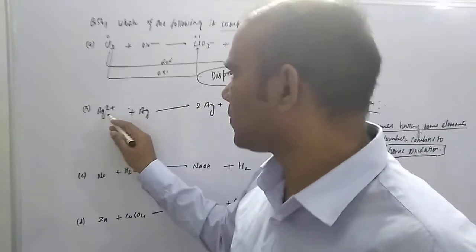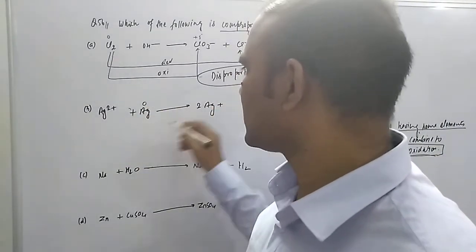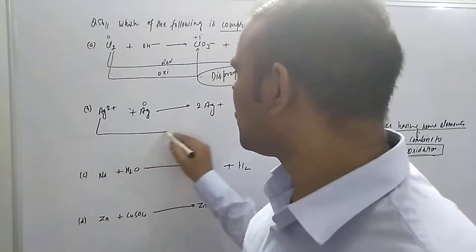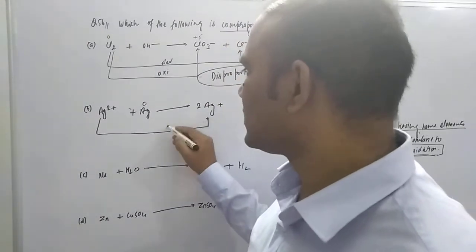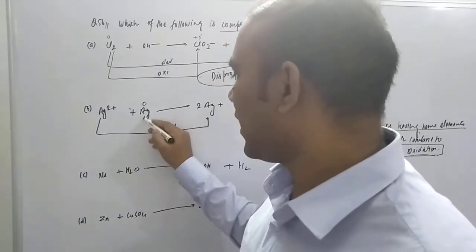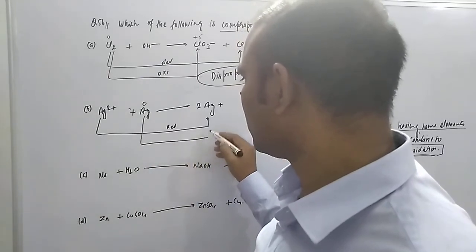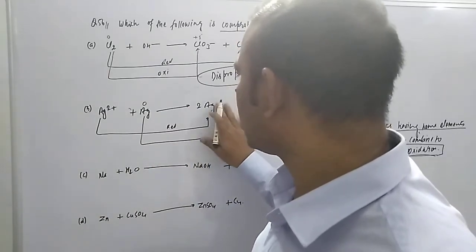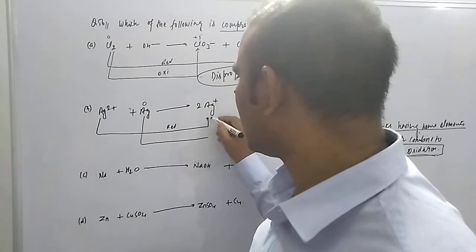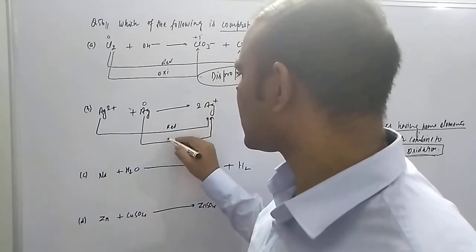So here is +2, here is 0, here is +1. So +2 to +1 is reduction, and 0 to +1 is oxidation.